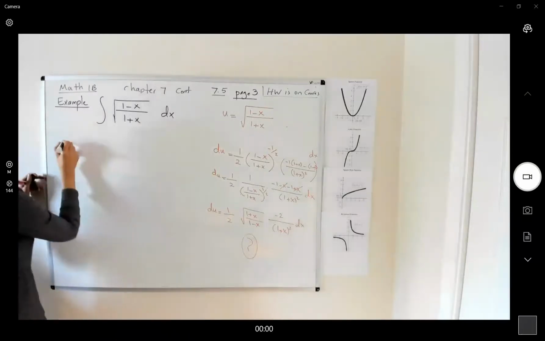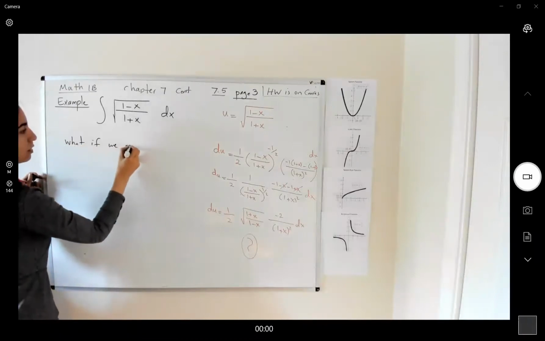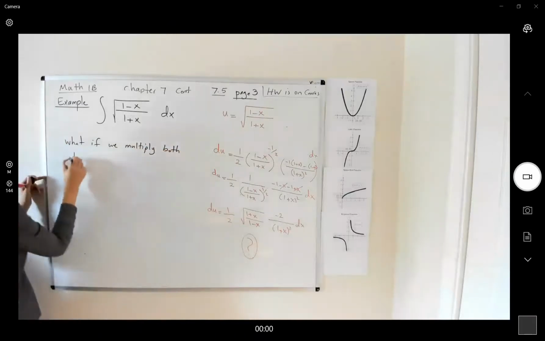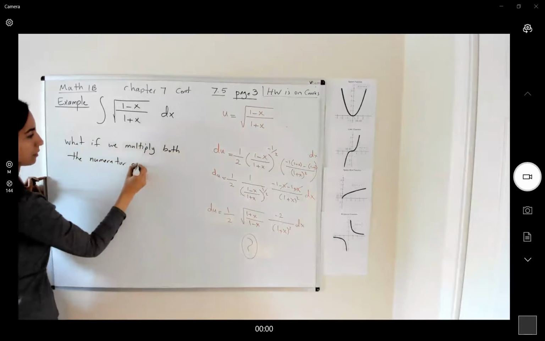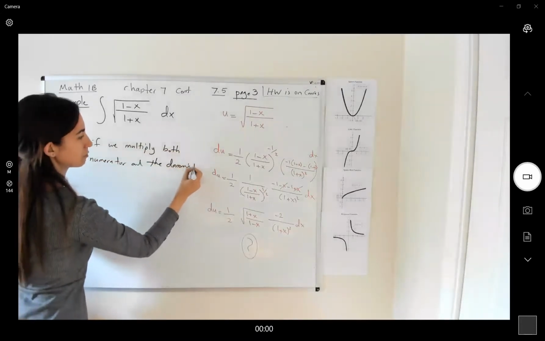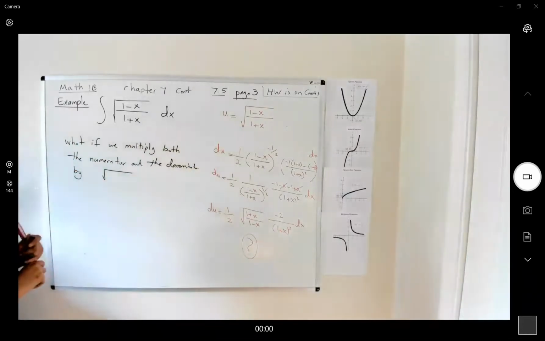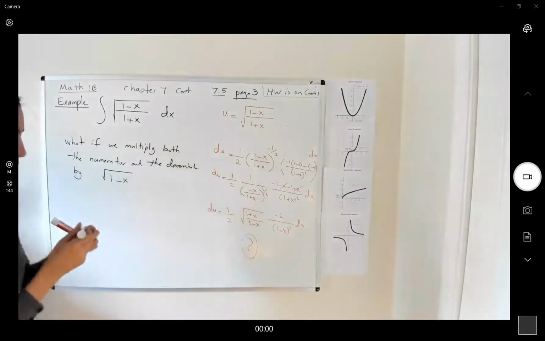What if we multiply both the numerator and the denominator by the square root of (1 minus x)? Let's see.